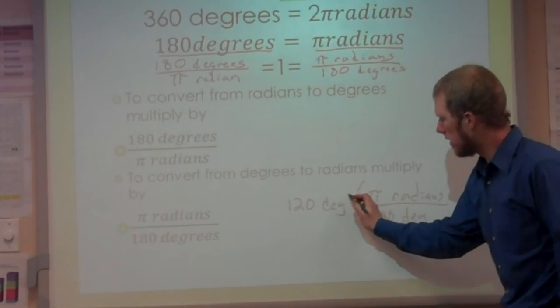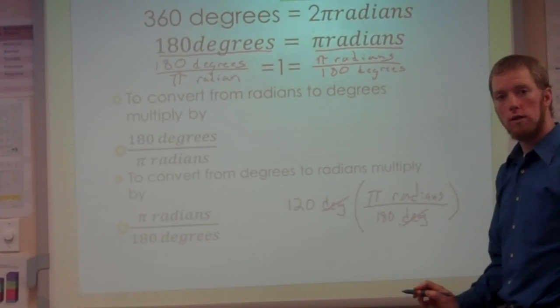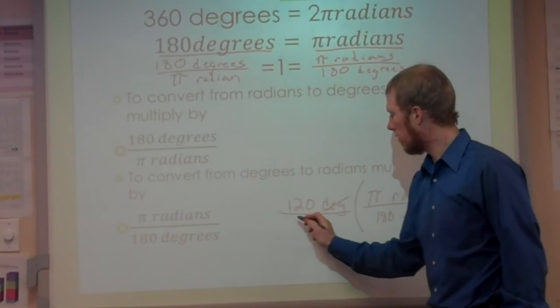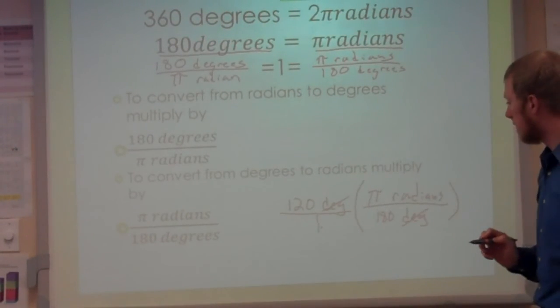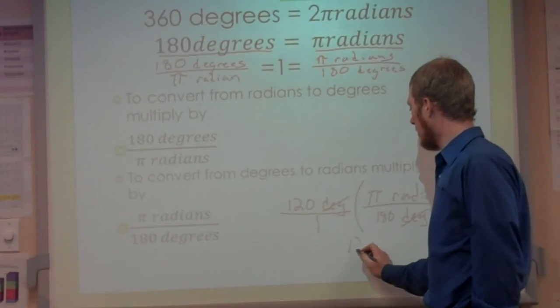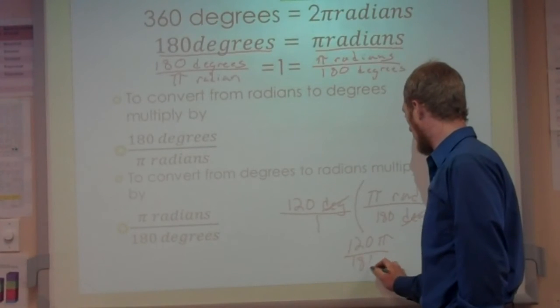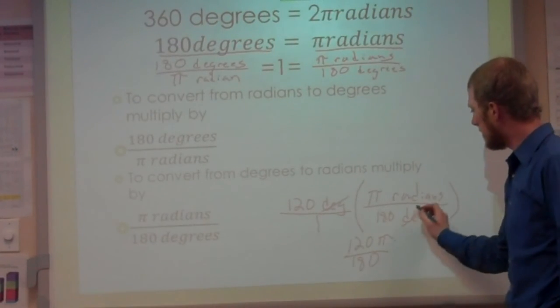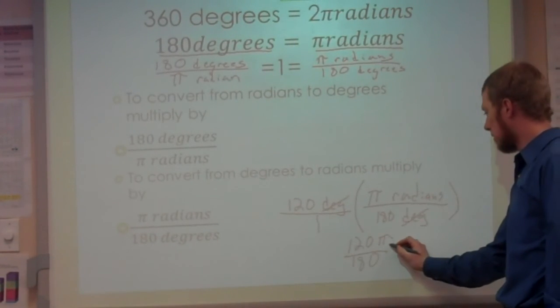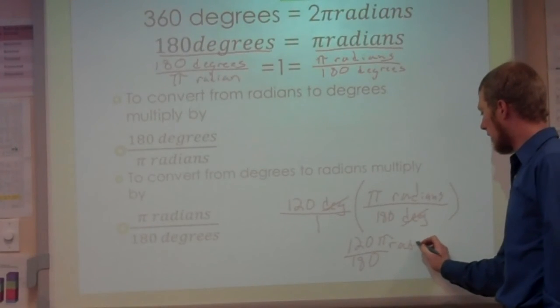And what we notice is, same thing here, my degrees will cancel out because this is really 120 degrees over 1. I'm left with 120 times pi over 180, and I still have my radians.